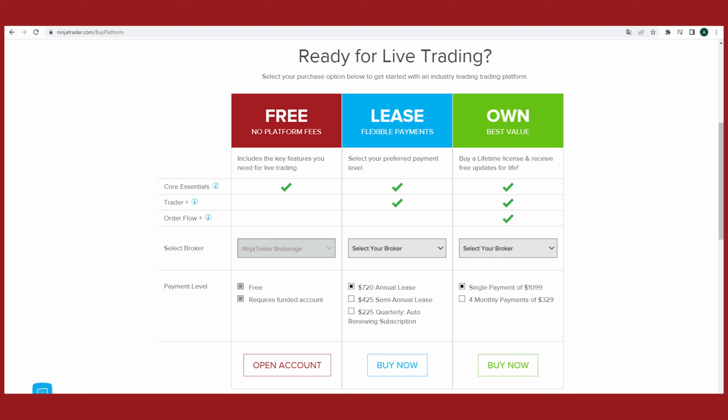They offer their APIs and you could code something to trade with. Ninja Trader makes it a little bit simpler. The issue here is that Ninja Trader is a little bit buggy, sometimes it lags. But the good thing about Ninja Trader is the fact that they are offering a lifetime license to their platform. So you do not have to pay on it on a monthly basis, you buy it one time, and that is basically it.